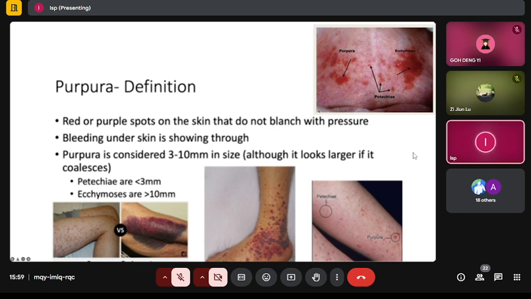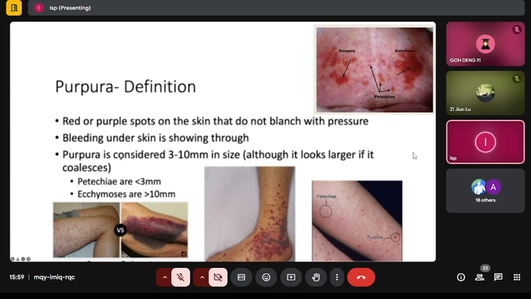How do you differentiate purpura from a normal macular rash? They do not blanch with pressure. If you have an allergy and press on the skin, the redness will disappear; those are blanchable. But in purpura, with superficial bleeding, the red spot does not blanch with pressure.